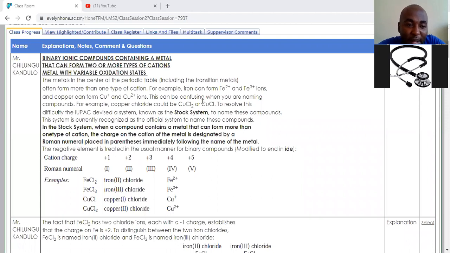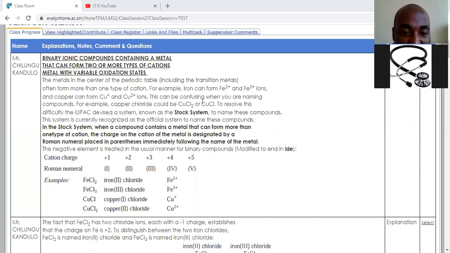So even copper, there's Cu+ and Cu2+ ions. So naming them, if you say copper chloride, is not sufficient anymore.